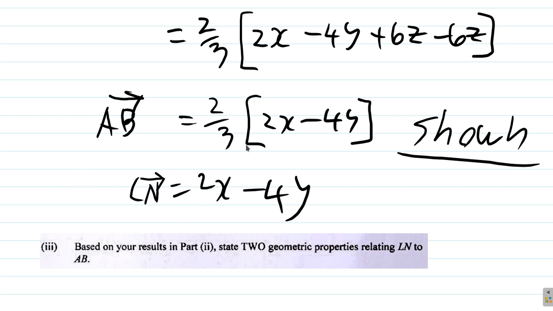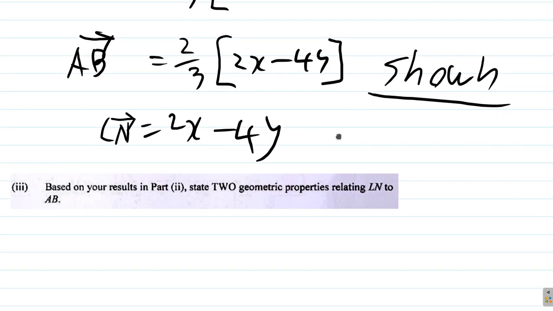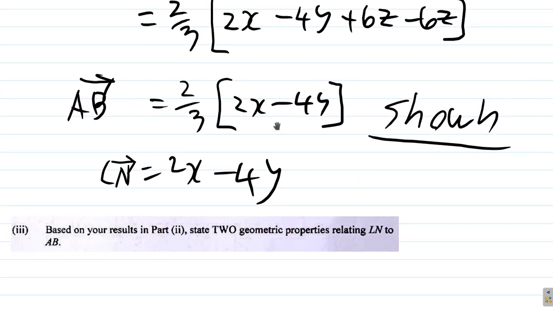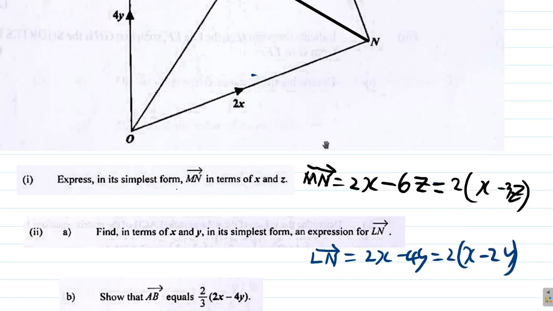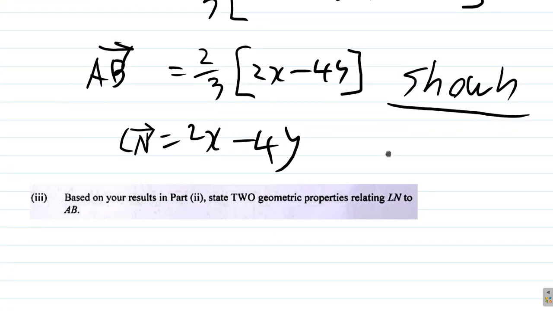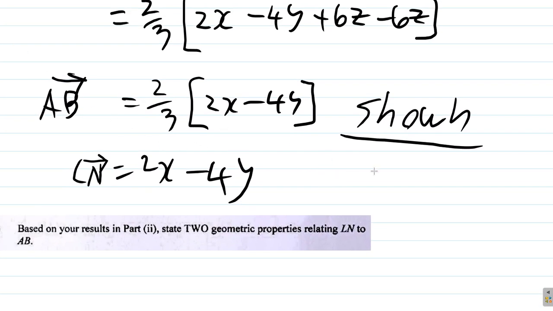All right, so you have AB and LN. Now, here, you can see that they're parallel, right? They run in the same direction. So you could say they have the same gradient, all right? But in terms of length now, you could say AB is 2/3 the length of LN. If you divide them and say LN over AB, how much longer would LN be?